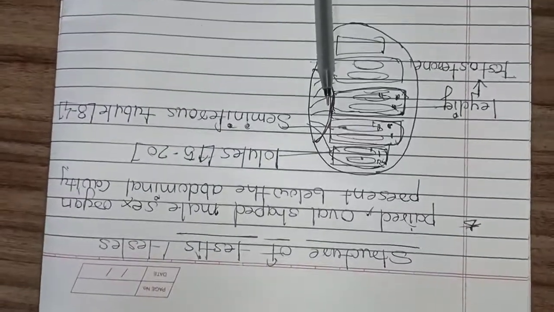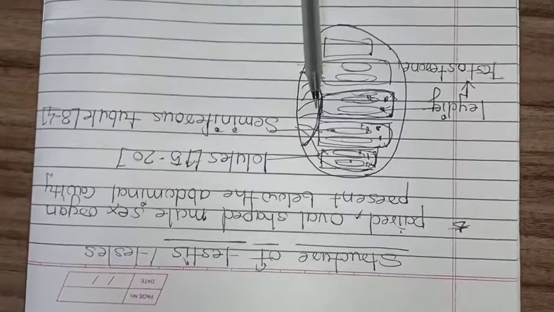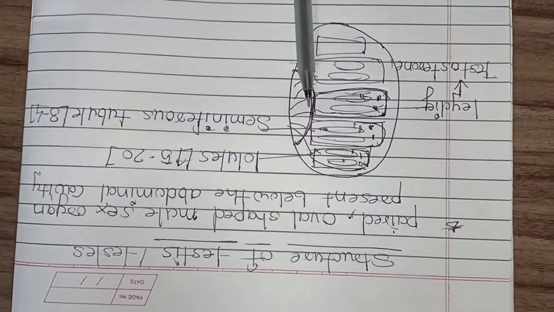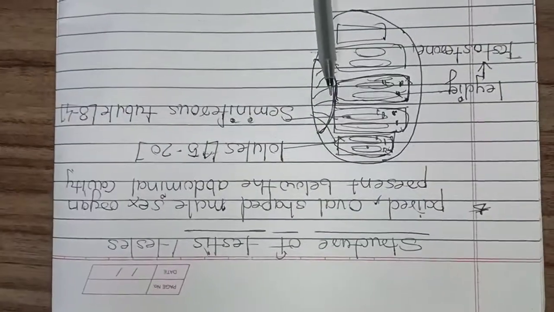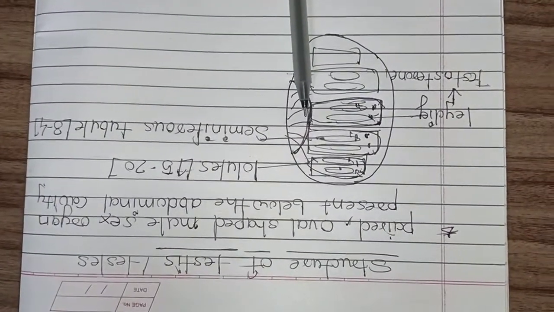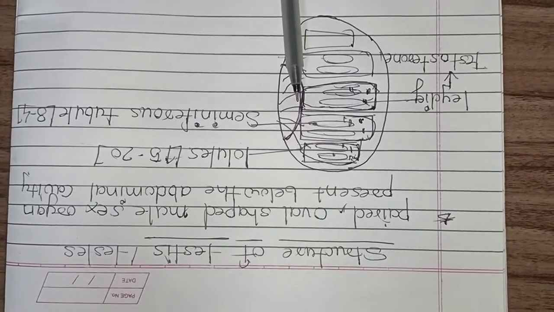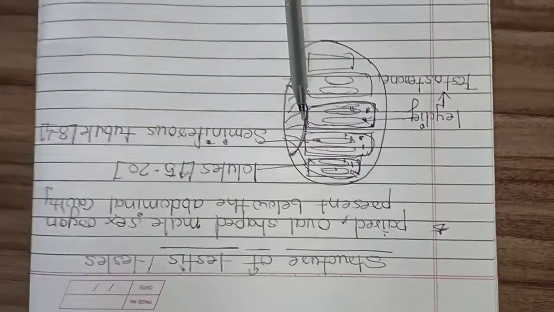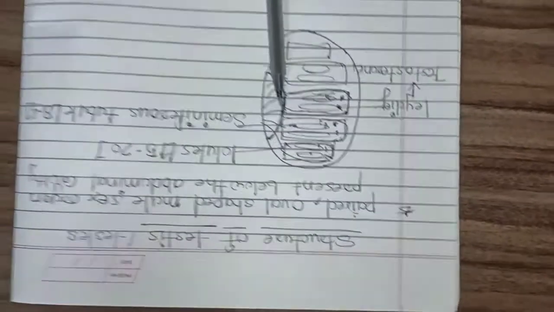Here is one important thing I would like you to know, students. Whenever the male baby is in the womb of the mother, these testes are in the abdominal cavity. And when the child is taking birth from the womb of the mother, they come down immediately.